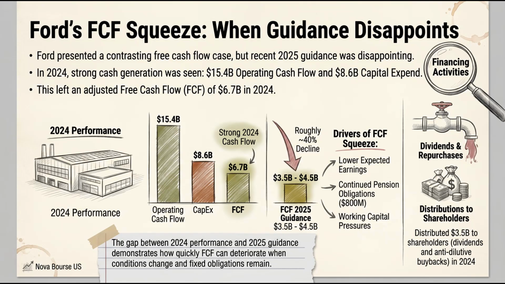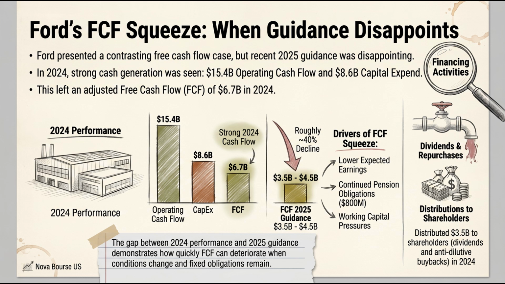Ford provides a contrasting case, demonstrating how free cash flow can be squeezed. In 2024, Ford generated $15.4 billion in operating cash flow and spent $8.6 billion on CapEx, leaving $6.7 billion in adjusted free cash flow. However, their 2025 guidance projects that number will drop to between $3.5 and $4.5 billion, a decline of roughly 40%.